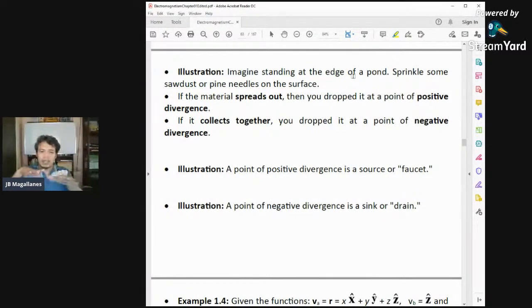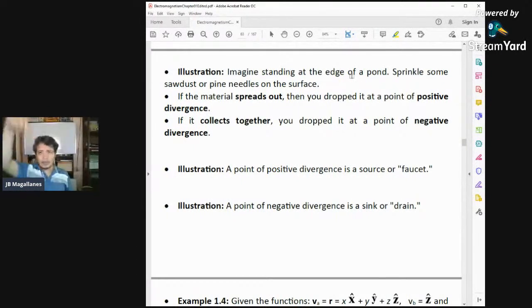That's what you call positive divergence. But if you have some particles in a pond and they are moving towards each other, like lumping towards each other, that's called negative divergence.